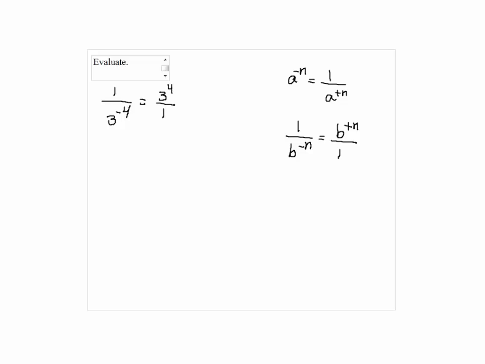So in this case, to make this positive, we can write this as 3 to the power of plus 4 over 1. 3 to the power of 4 means multiplying 3 by itself 4 times, 3 times 3 times 3 times 3, which is 9 times 9, 81.